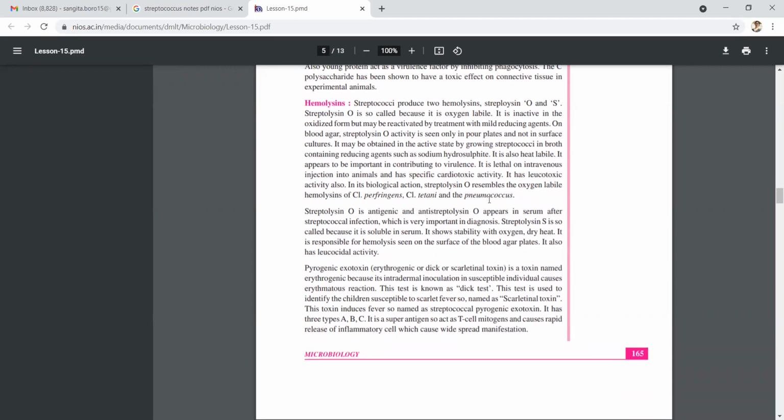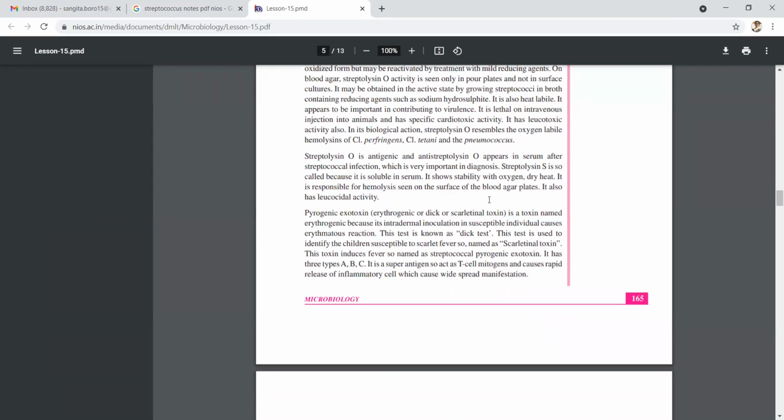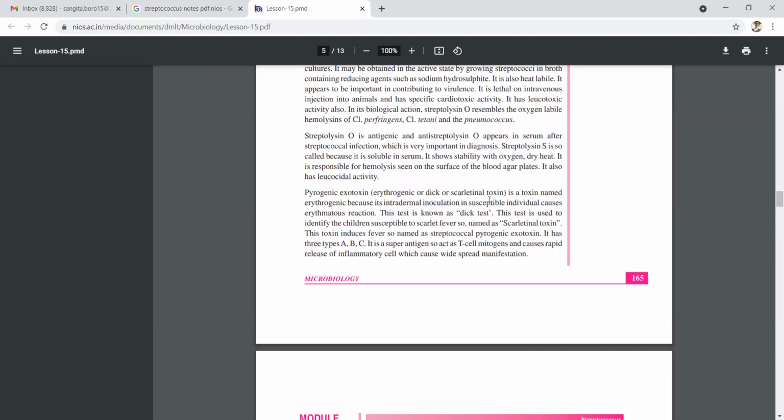Then this streptolysin O is antigenic, and anti-streptolysin O appears in serum after streptococcal infection. So when a person is infected with streptococcus, if we want to confirm the presence of streptococcus in that person, what can we do?